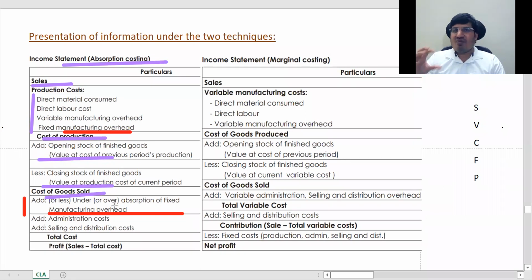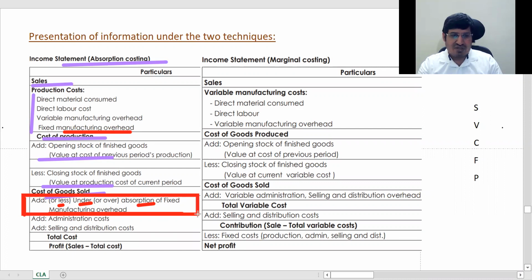If there is under absorption, that means fixed cost charged is less, so to make it proper you will have to add it back. If it's over, you will deduct it. Only this part here is our adjustment for under and over absorption.